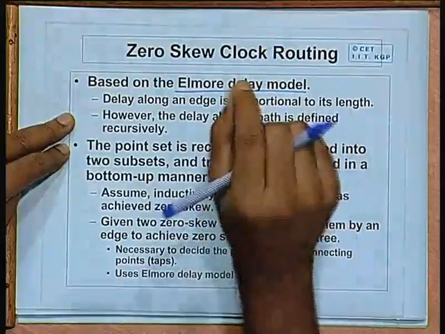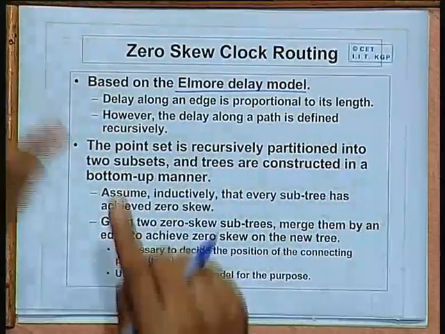So, you have to take everything into account and find the zero skew clock routing point at each level of the iteration and interconnect them stepwise. So, it is a complex process, it requires a lot of computation. But this is what people do for very high performance designs.